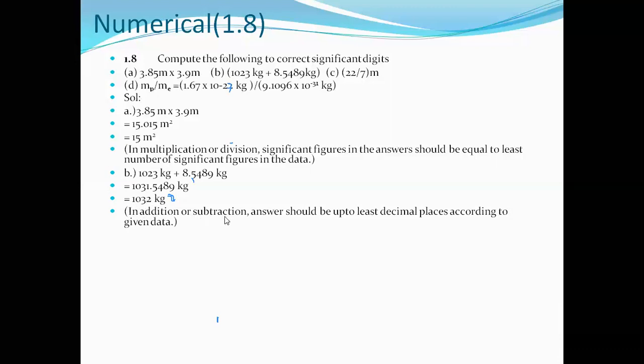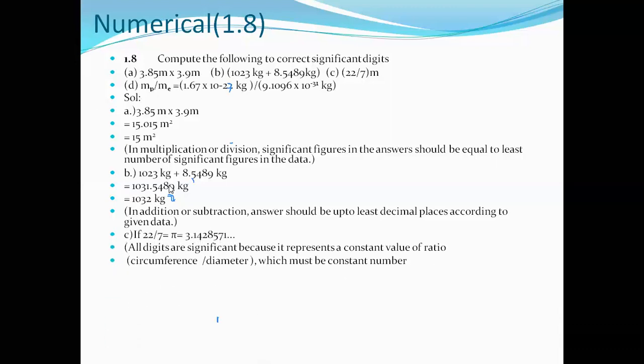In addition or subtraction, the answer should have the least decimal places according to the given data. That means the least value had no decimal after the point, so we write the value with no decimal after the point, which is 1032 kilograms. So the point ends there, and we cannot write after that point.